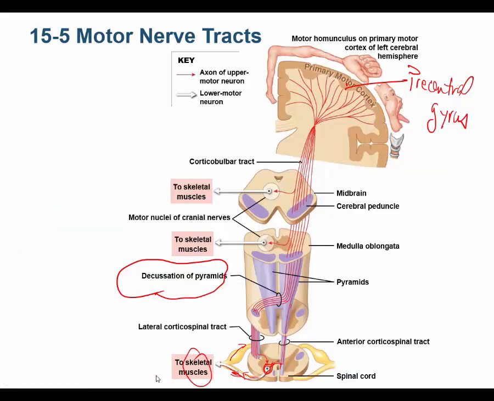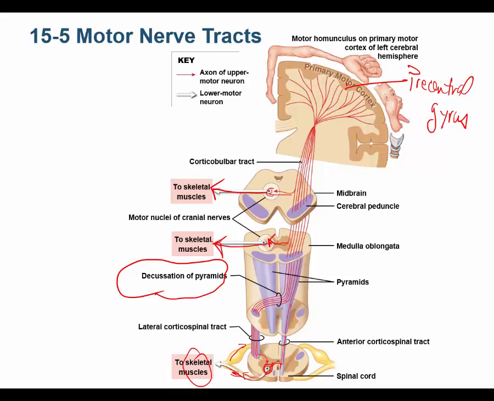Right here. All right. Now, some of the motor neurons that serve the head, and probably head and neck, will decussate before the pyramids. They'll decussate prior to the pyramids, like in the midbrain, and then they'll go to the skeletal muscles. Or they can decussate in the medulla oblongata superior to the pyramids and go to skeletal muscles.